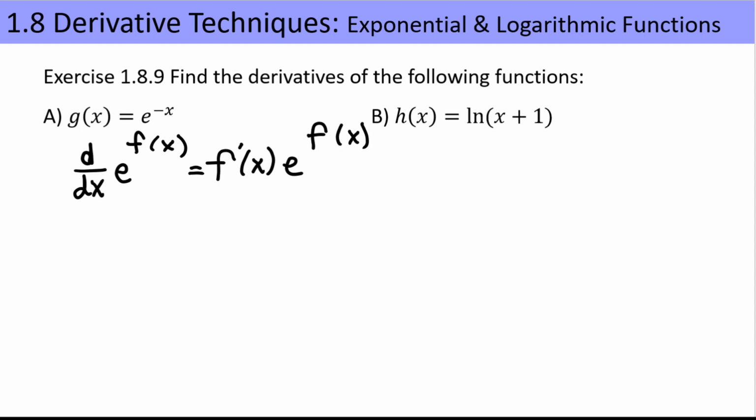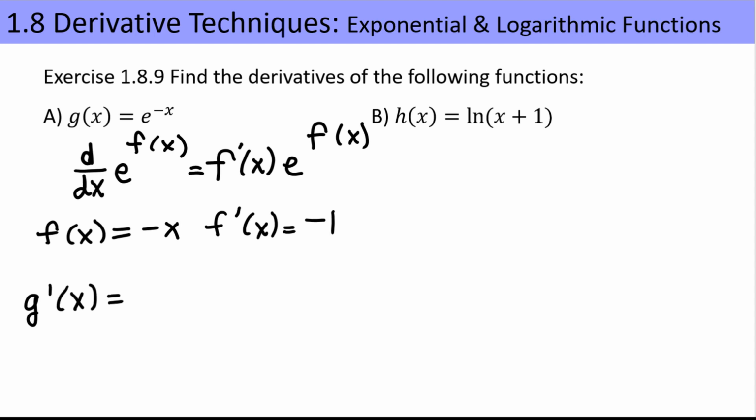For clarity, the f of x function here is negative x, so the derivative f prime of x would be negative 1. Then when we take the derivative g prime of x, we would have, for f prime of x, negative 1, and then times e to the f of x, which would be e to the negative x.